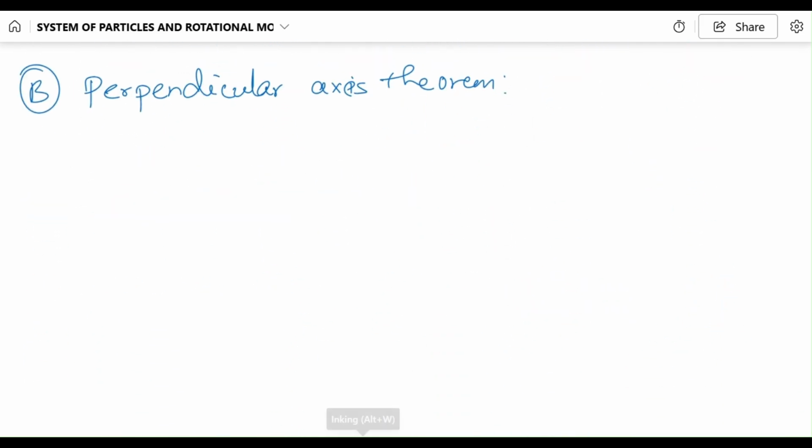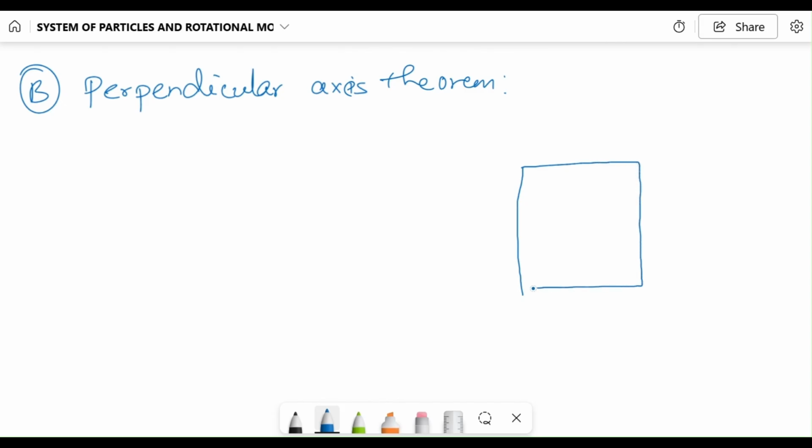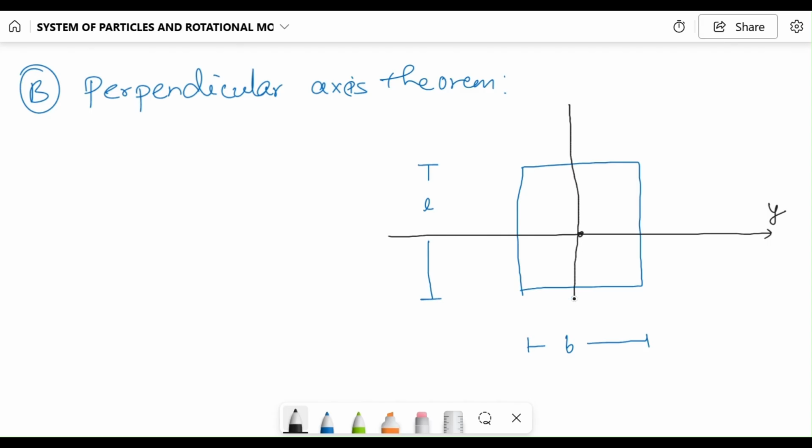Let's say we have a rectangular lamina in the YZ plane, and its length, let's say, is L and its breadth is B. There is one axis in the plane of this lamina, this is the Y axis passing through its center, and there is another axis also passing through the same point, along the z axis.